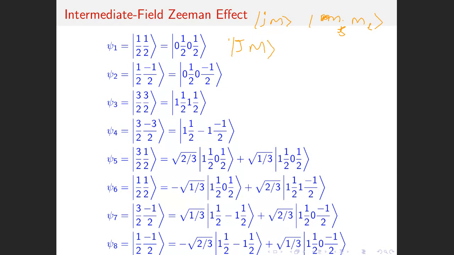So you know that J, M will be given by, you insert a 1.